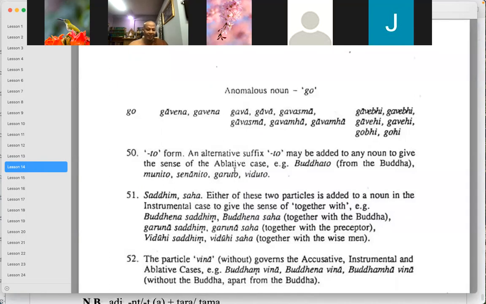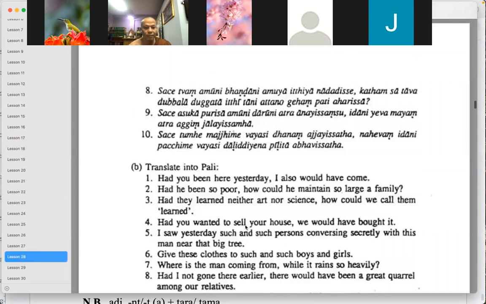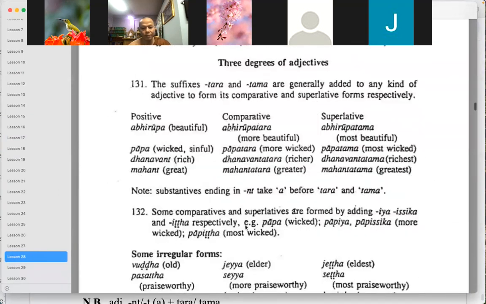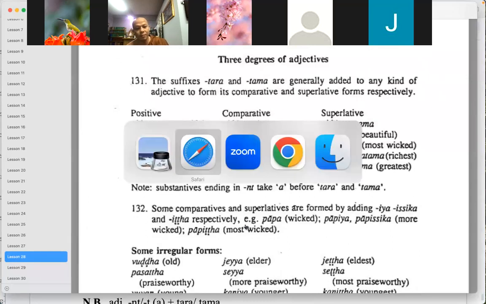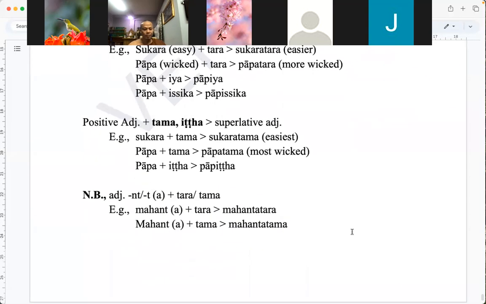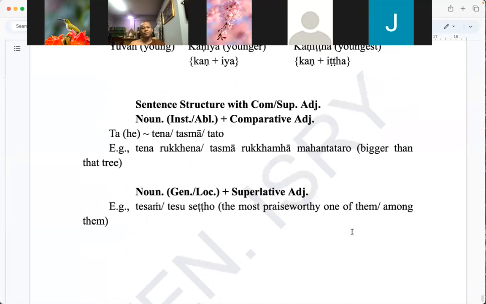Thank you, Bante. Okay. And the second sample, you said Tesam and Tesu is the plural form of that. I mean, it belongs to the word connected with it.